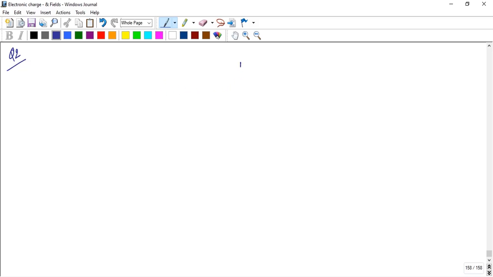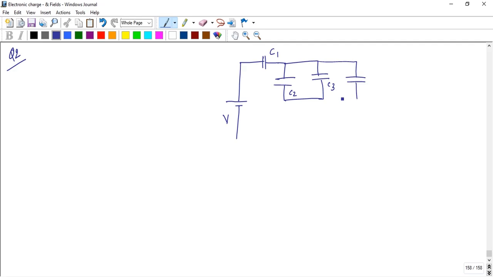Suppose the diagram has a voltage source V, and C1, C2, C3, C4, C5, C6. Okay, the six capacitors.